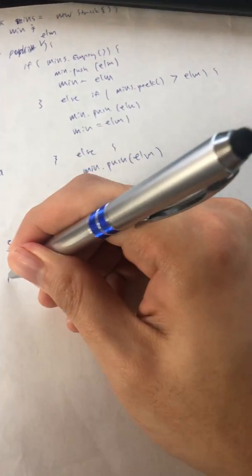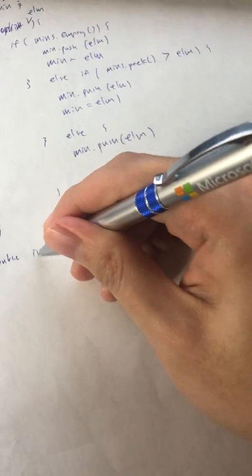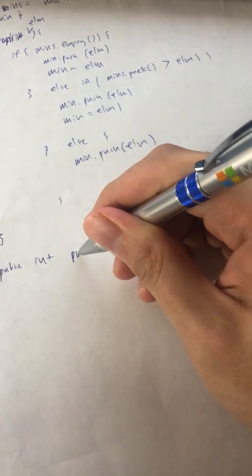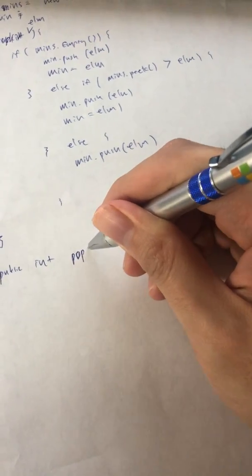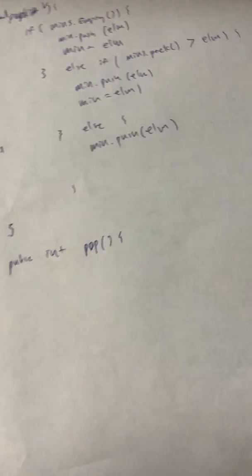And public, so that should be void, public int pop. So this is going to return an element.